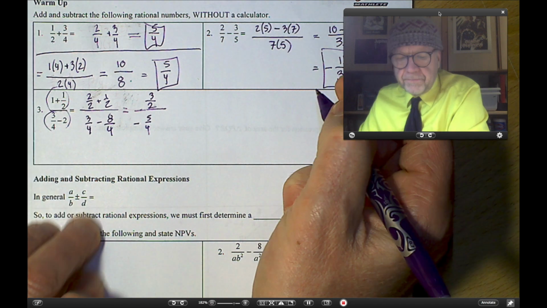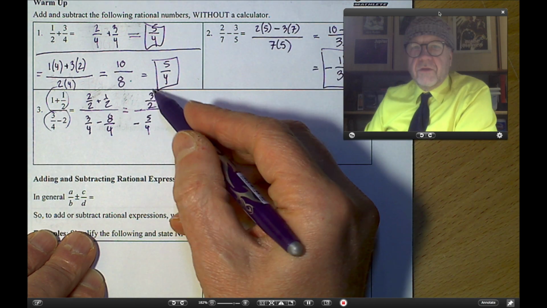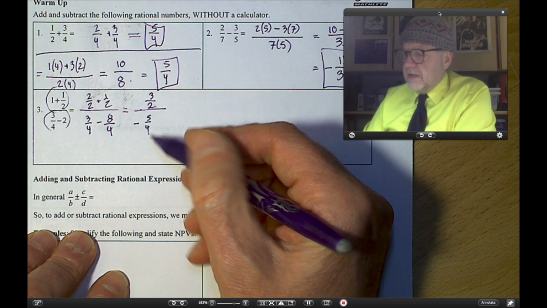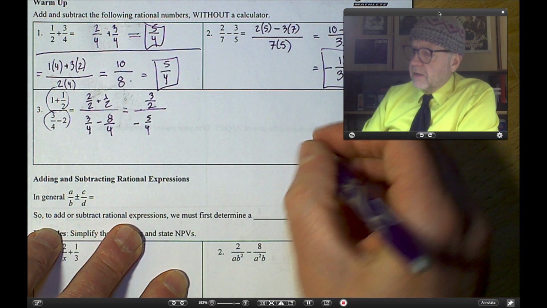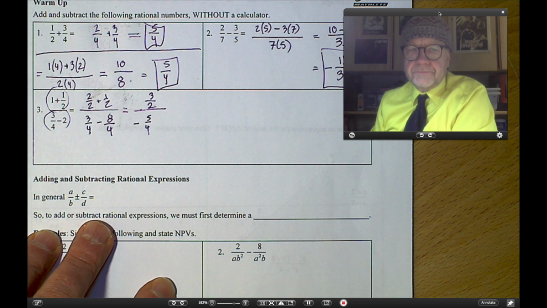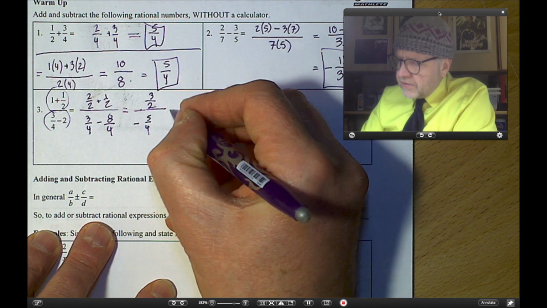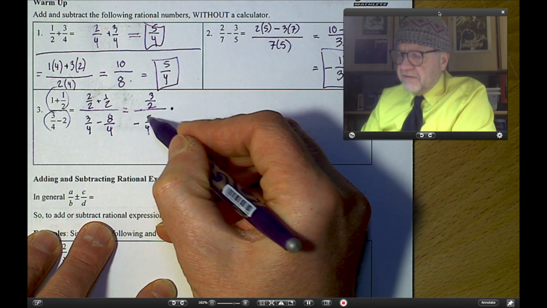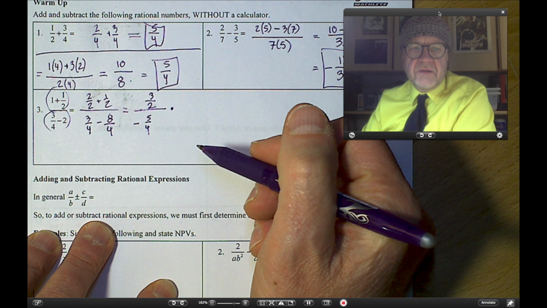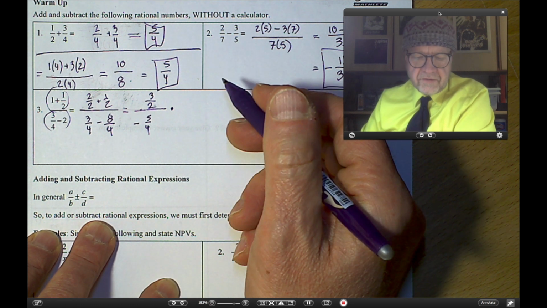All right. And now, the rule that you insist on is to invert and multiply. But I want to show you now why the invert and multiply actually works. What we're doing when you invert and multiply is you're really multiplying by something that looks and feels and smells a little bit like a conjugate of the minus 5/4.